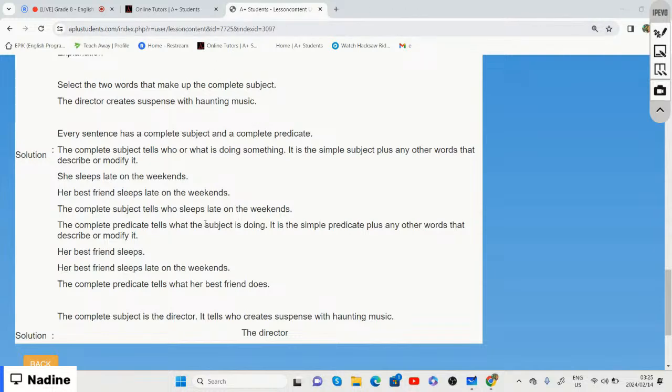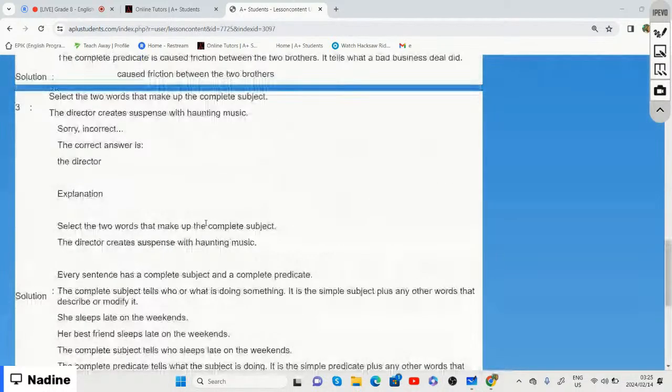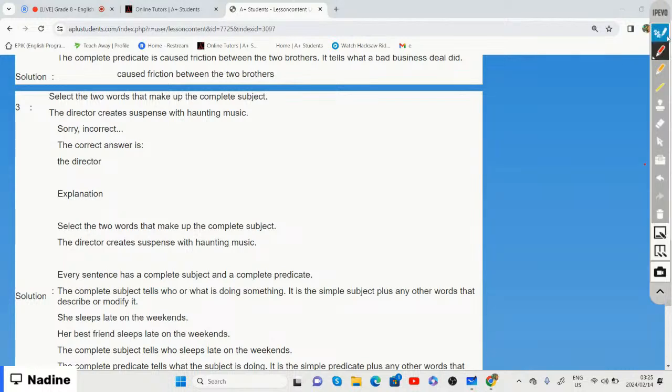And then we said, if we look at this one that says select the two words that make up a complete subject. It says the director creates suspense with haunting music. So the director creates suspense with haunting music, and we need to select the two words that make up a complete subject. And remember, we said a subject tells us either who or what is doing something.